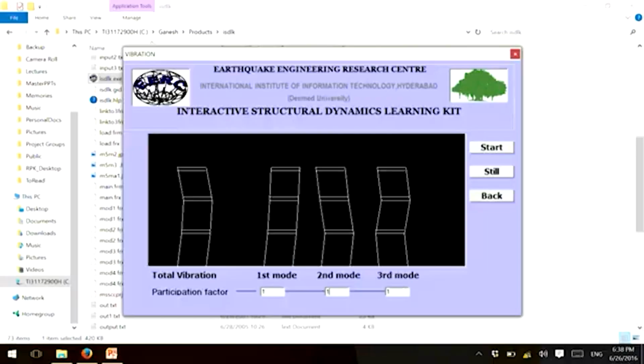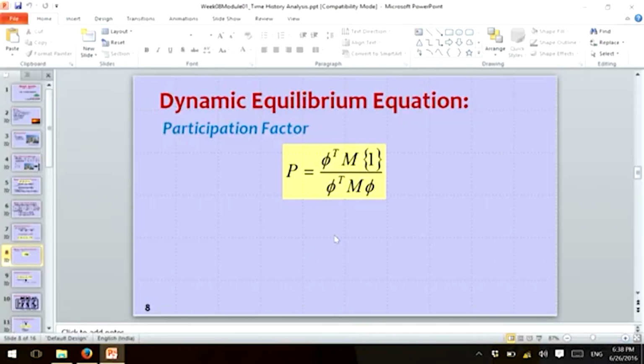In real structures, first mode participation will be higher, second mode participation slightly lower, and third mode participation much lower. That depends on this participation factor. The participation factor tells us how much mass is participating in each mode, that means how much mass is participating in developing inertia force in that mode. That information is given by this.